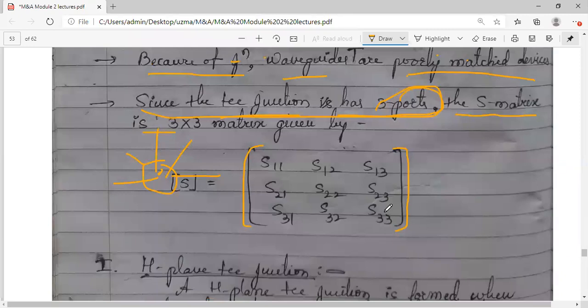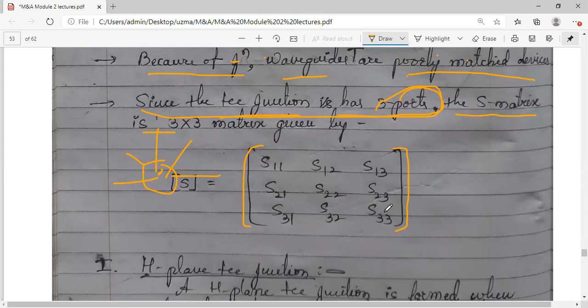When we start studying these 2 different waveguide T's individually, we will first draw the diagram for each case and see how the side arm is connected. After the diagram analysis, we will list a few properties, how it behaves. Based on the properties, we will derive the S matrix for each of these waveguide T's.